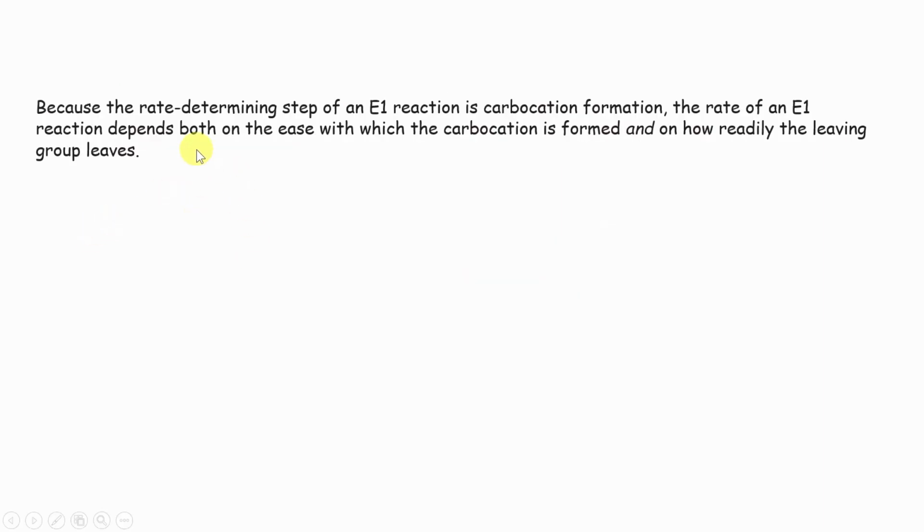Okay, because the rate determining step of an E1 reaction is carbocation formation, the rate of an E1 reaction depends both on the ease with which the carbocation is formed and how readily the leaving group leaves. That is, the rate determining step is the formation of the carbocation, and any factor that increases the possibility of formation of the carbocation increases the rate of reaction.